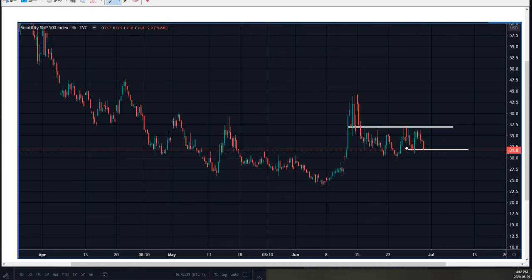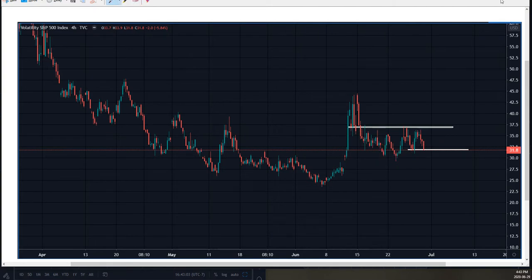And what we need in order for this to potentially be a basing pattern and for us to see increasing volatility, which would be bearishness for the S&P, would be for us to hold this higher low. If it breaks this low, then we would be range bound, and that's a lot less ideal. I'd like to see this bottoming pattern if we are to see the VIX increase.